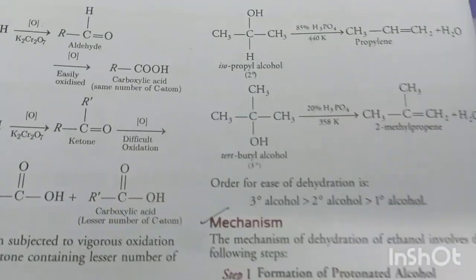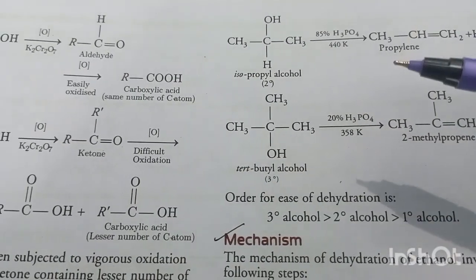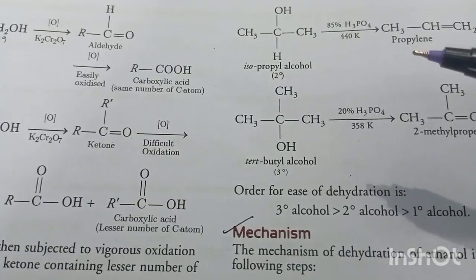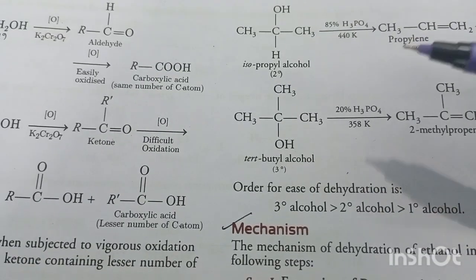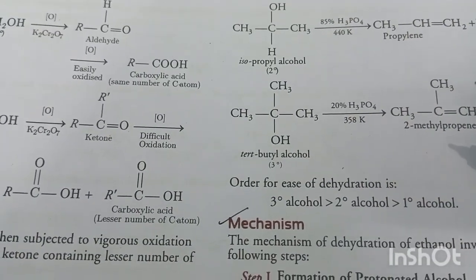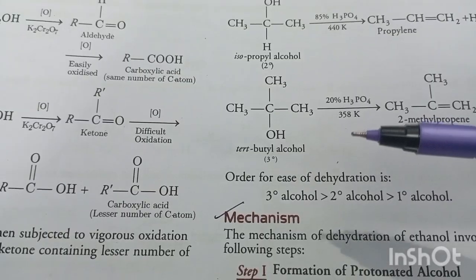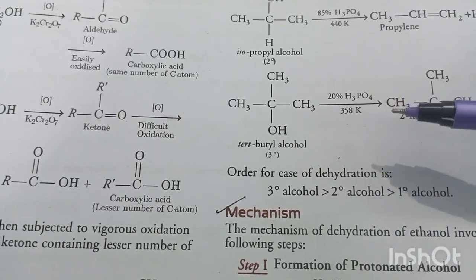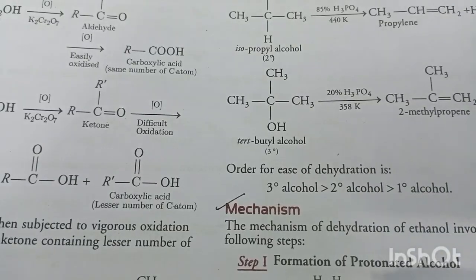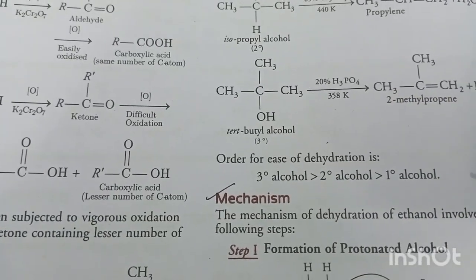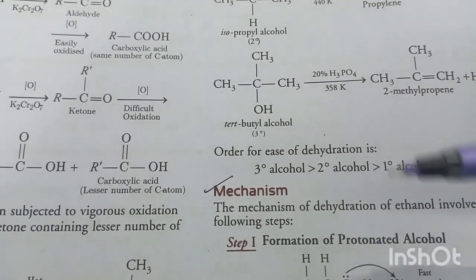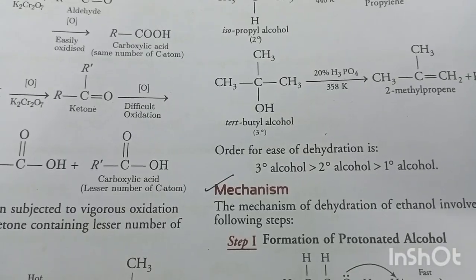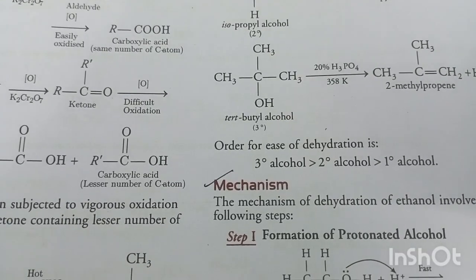In case of secondary alcohol, isopropyl, we have taken 85% H3PO4, a diluted one, and the temperature decreased to 440 Kelvin. In case of tertiary butyl alcohol, even milder, diluted acid, 20% H3PO4, and the temperature is still less, 358 Kelvin. So the order for ease of dehydration is: tertiary alcohol gets dehydrated most easily, then secondary, then primary.